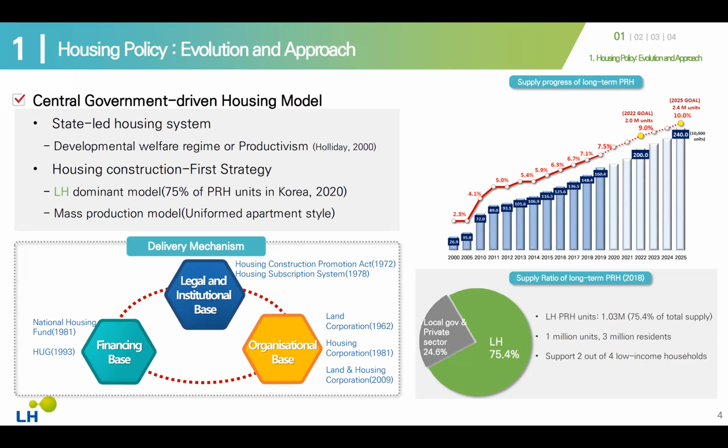You can see the graph on the right side. The supply of public rental housing has been gradually increasing, and it is targeting 2.4 million housing units in 2025. This successful delivery system is influenced by three major factors. First is the legal and institutional base, such as related acts and systems. Second, the organizational base, including the land and housing corporation. Finally, the financing base, including the National Housing Fund.